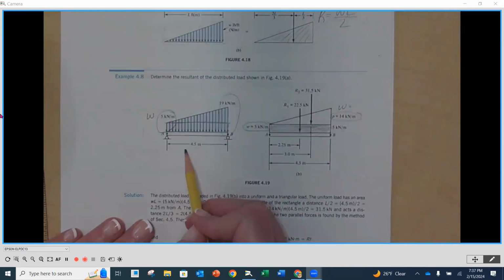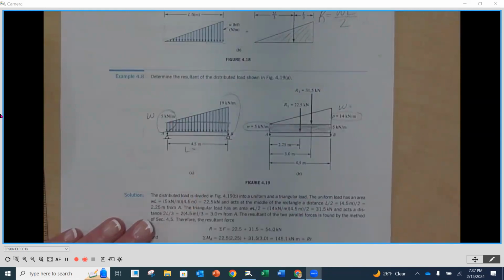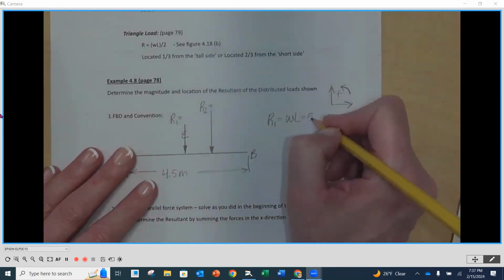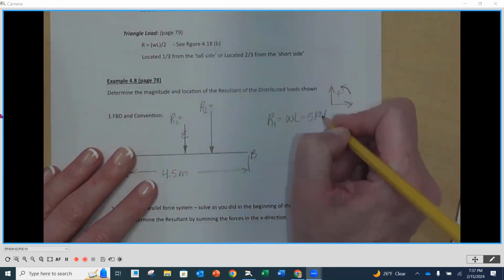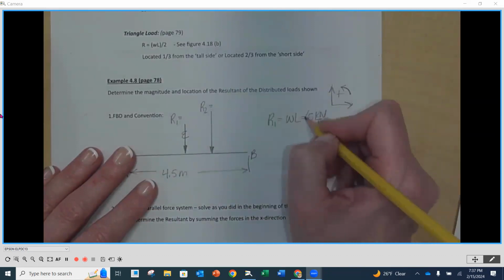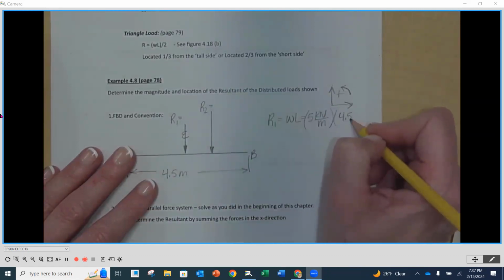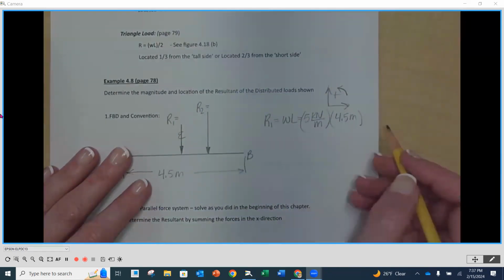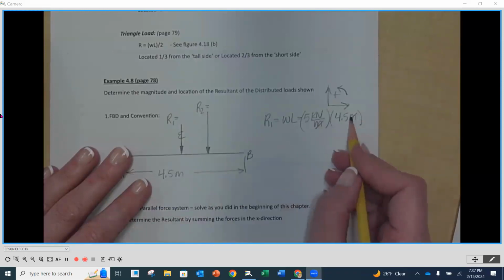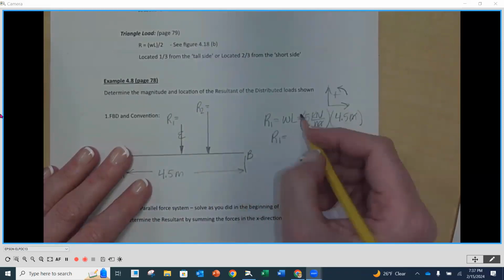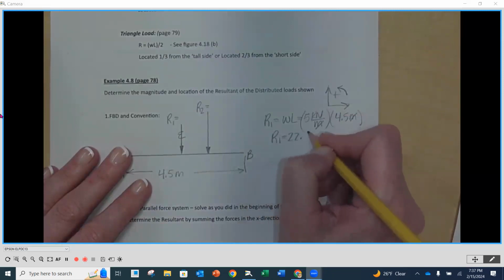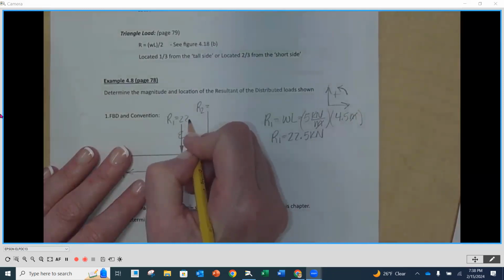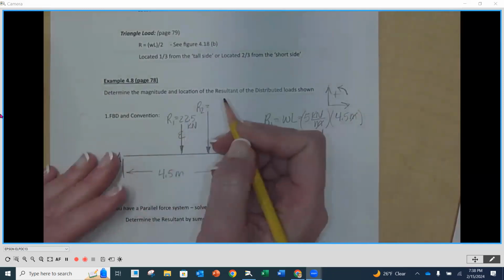Our length is going to be the 4.5 meters. So it's going to be 5 kilonewtons per meter times 4.5 meters. Meters cancel out. We're going to multiply these two together. Our R1 is going to be 22.5 kilonewtons. And that's your number right there. 22.5 kilonewtons.